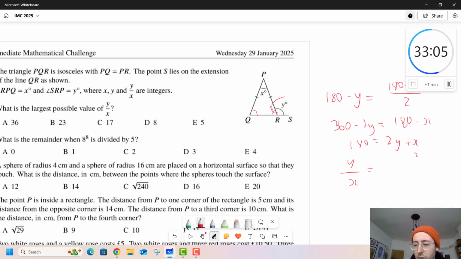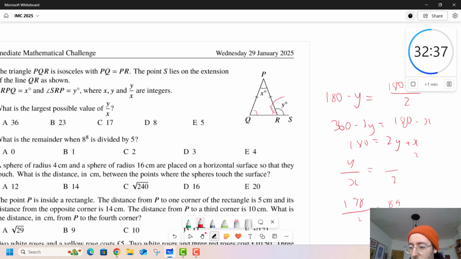So if x was 2, y could be 178 over 2, which is 89? No, that doesn't work.